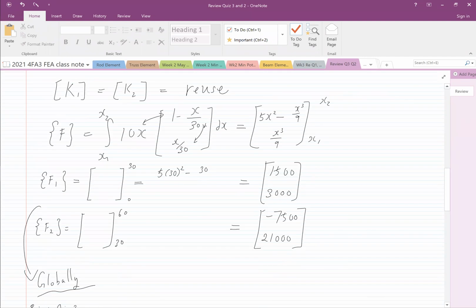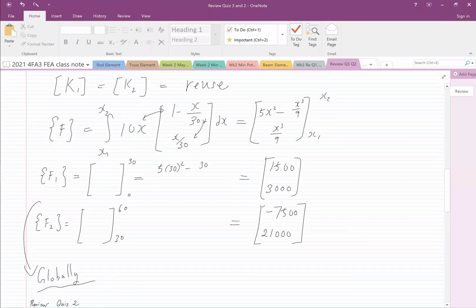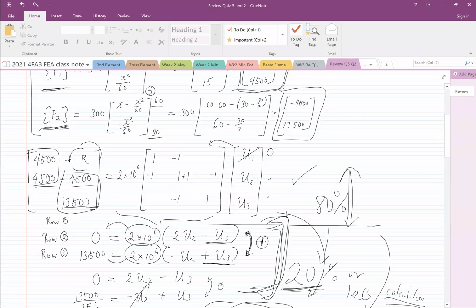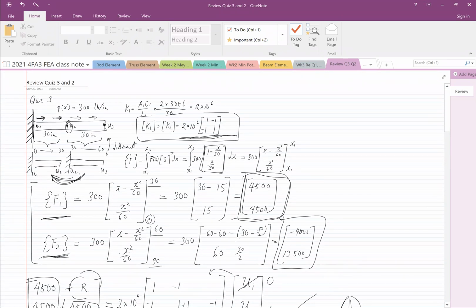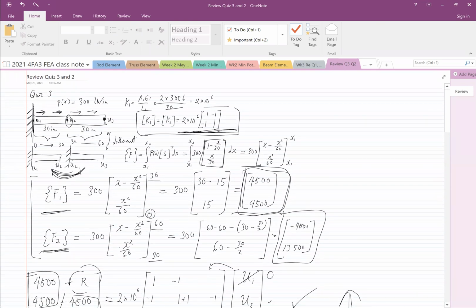But for element 2, instead of just keeping it 10x, I did 300 plus 10x for element 2 because I thought the first part was also acting. Why did you do that? No, the first part and second part are totally independent.